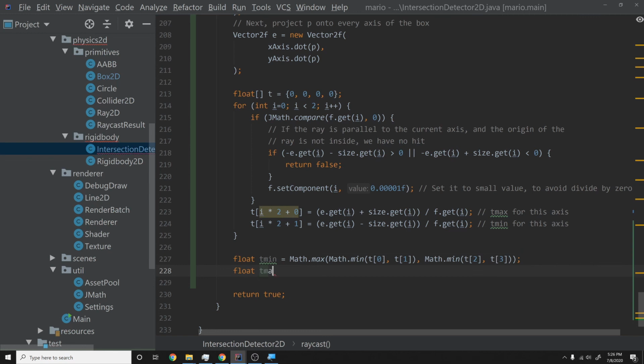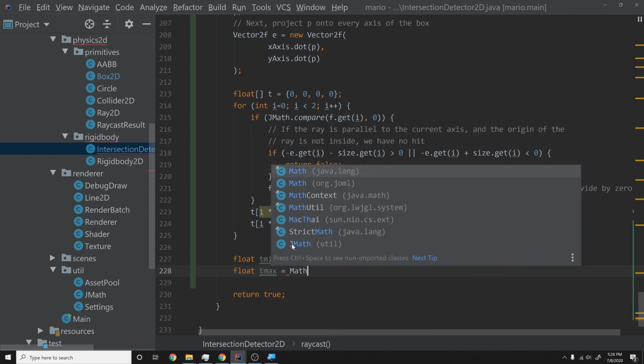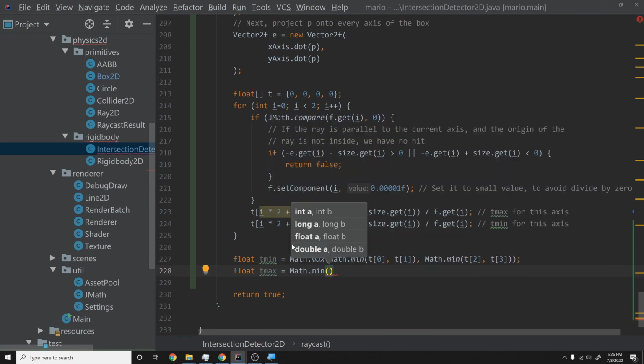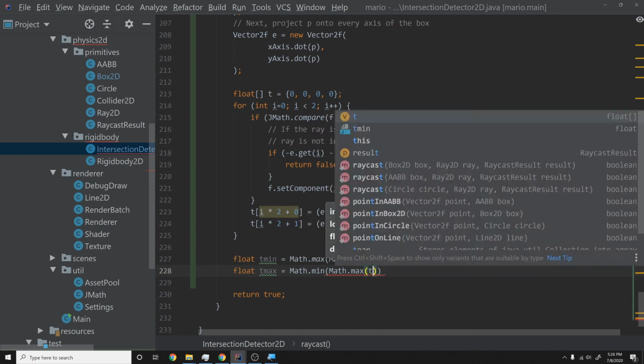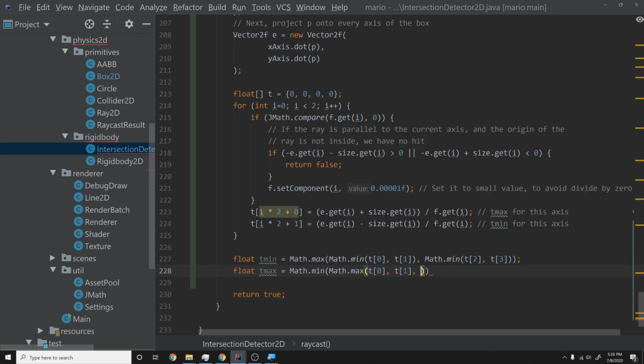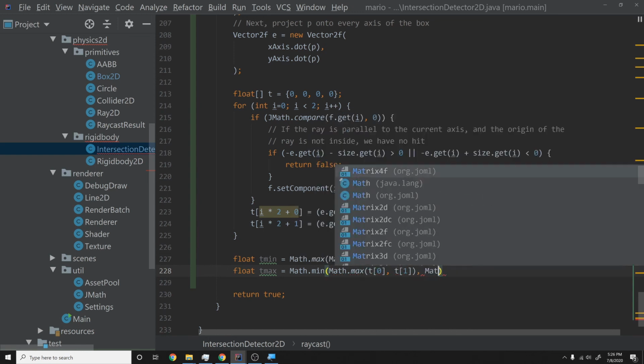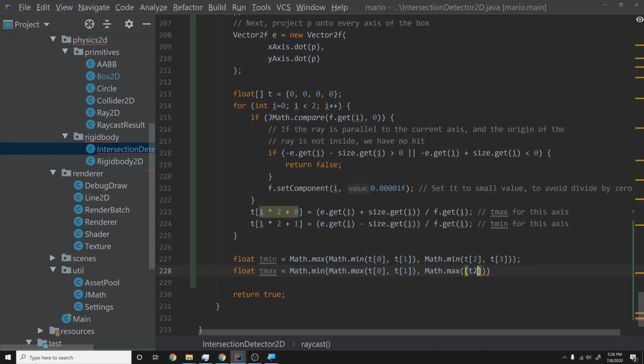Okay, and then float t max is going to be the minimum of the maximums. So we'll say float, it's the Math.min of Math.max of t0, t1, and Math.max of t2, t3. And that's our true t min and t max.